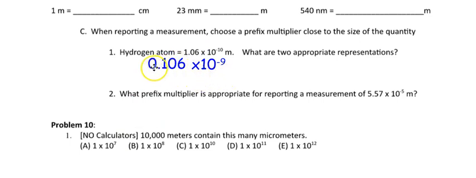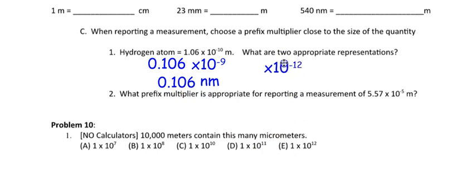Now I have 0.106 times 10 to the negative 9. And what did we say 10 to the negative 9 is? That's my nanometer. So I get 0.106 nanometers. Now, does this make sense? Which is my bigger unit? The meter is. So 10 to the negative 10th is smaller than 0.106, isn't it?